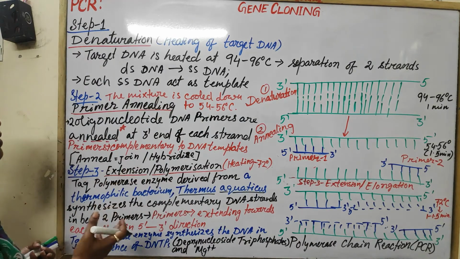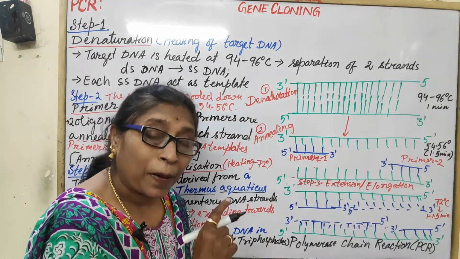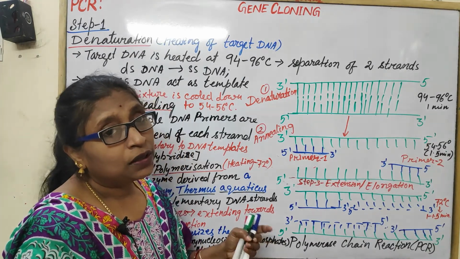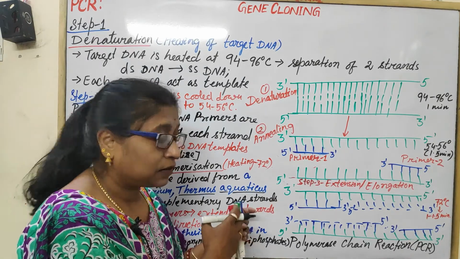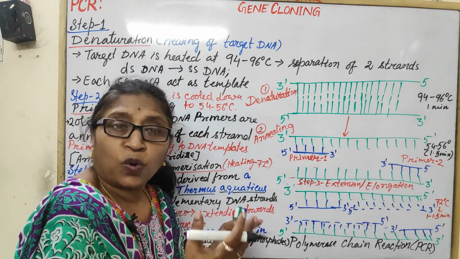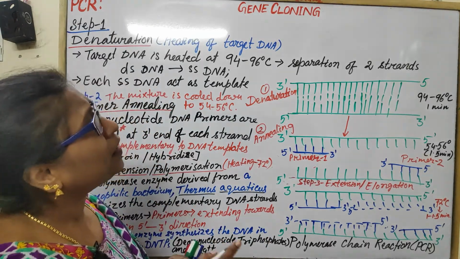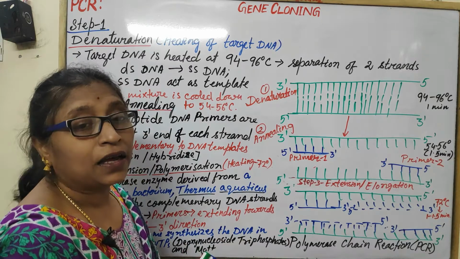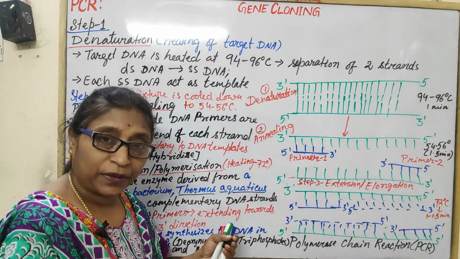And this is how the desired gene is cloned at the end of the first cycle. Then at the end of the second cycle the strands become quadruplet, which means 4 DNA strands are produced, and so on. At the end of 30 cycles around 1 billion DNA strands are produced.